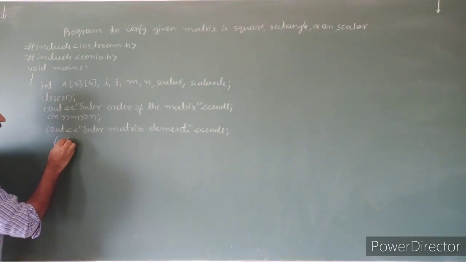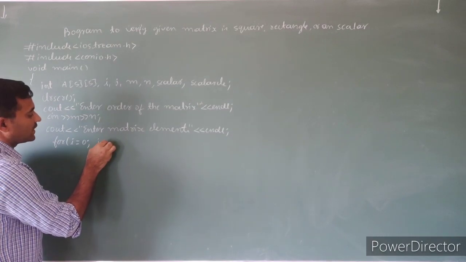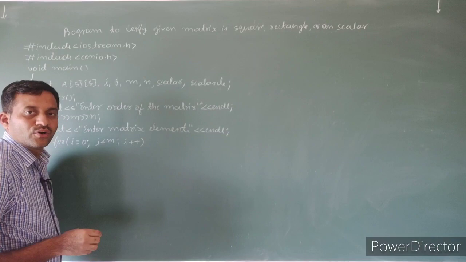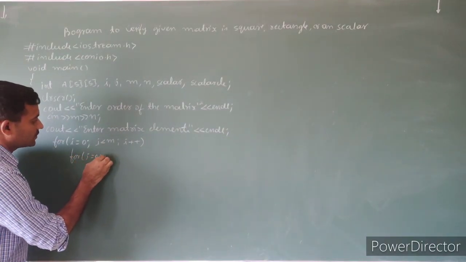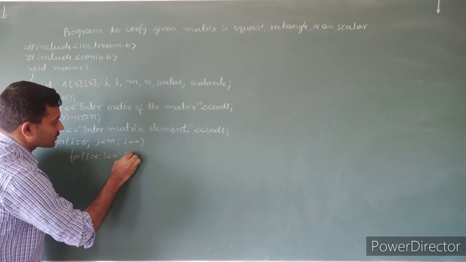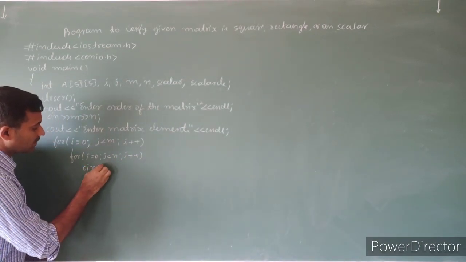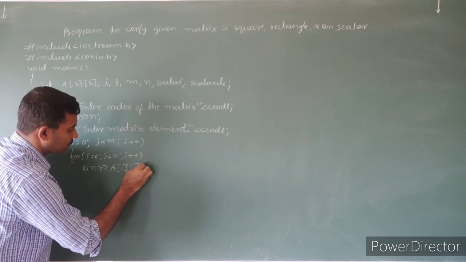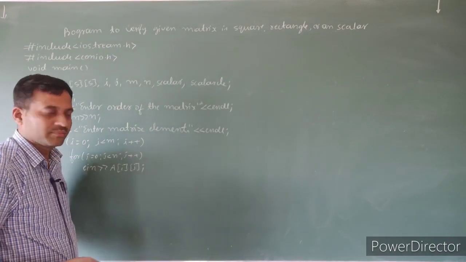To read matrix elements, it needs two for loops. One is i equals 0, i less than m, i plus plus, which represents the row. For j equals 0, j less than n, j plus plus, which represents the column. Under that, scanf a of i j. The first index value represents the row, the second index value represents the column.